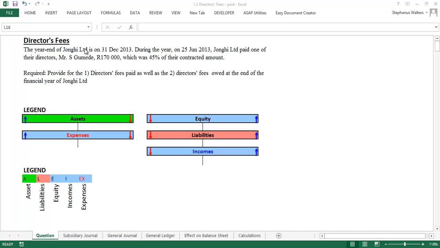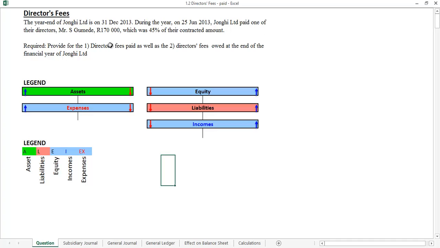So here we go. We've got Jongi Limited, with 31 December as their year end, and during the year on 25 June 2013, Jongi Limited paid one of their directors, Mr. S. Gumede, 170,000 Rand, and this 170,000 Rand was 45% of their contracted amount.